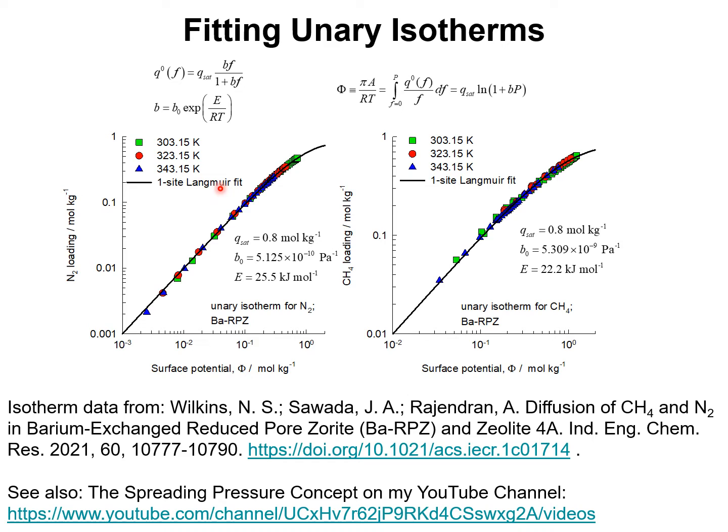The fits are shown here, in which the loadings are plotted against the surface potential. The surface potential phi serves as a proxy for the spreading pressure, which for a unary system can be determined analytically if the unary isotherms are described by the single-site Langmuir model.